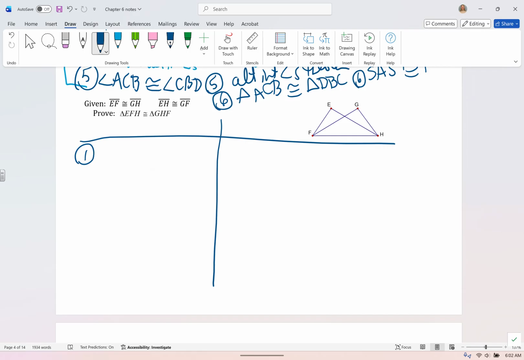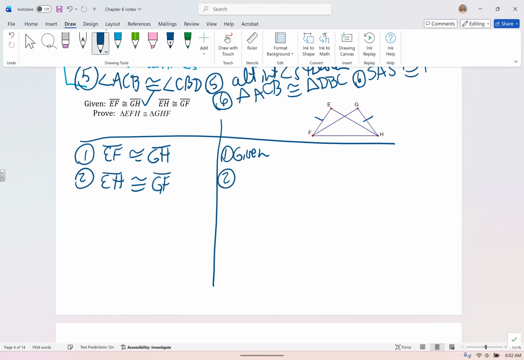So step 1, we're given that EF and GH are congruent. So we're going to just start with that. EF is congruent to GH, and that's given. Step 2, that EH is congruent to GF. Why?